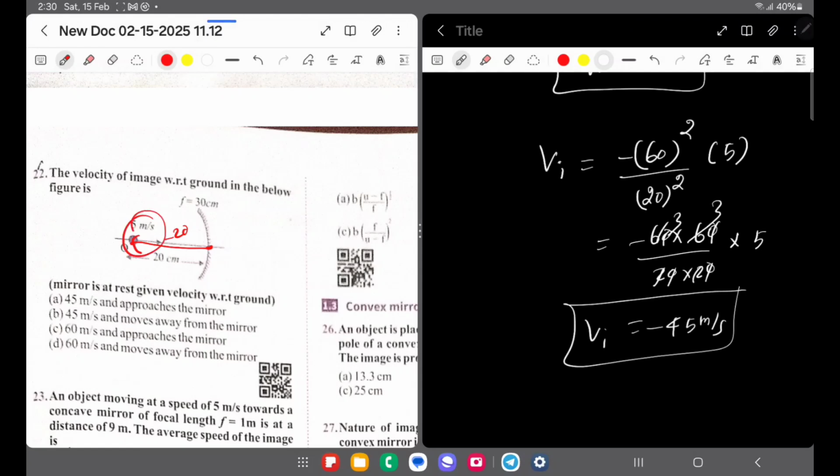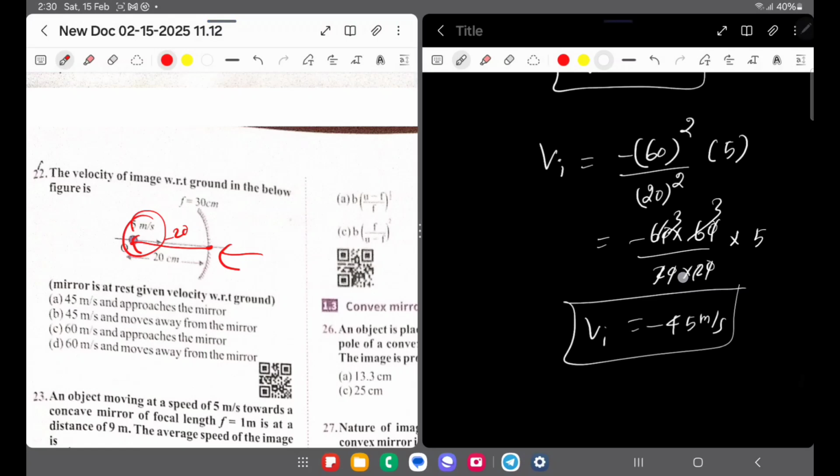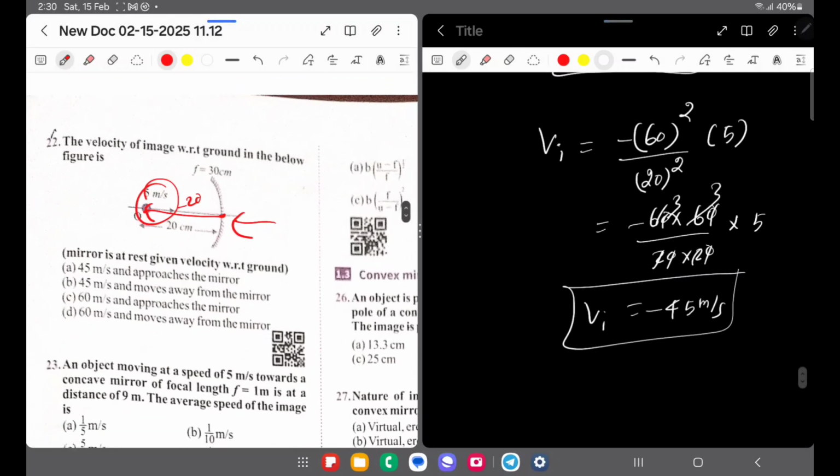If the object velocity is treated as positive, then the image velocity is negative. Anyhow, the magnitude is 45 meter per second, and it approaches the mirror, which should be the answer.